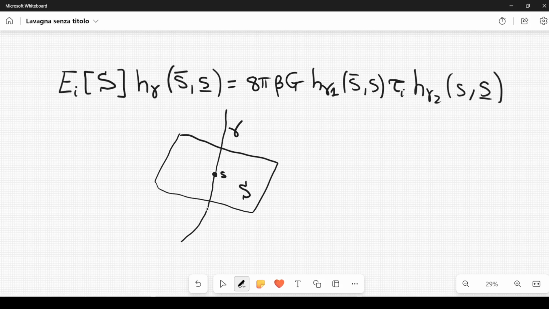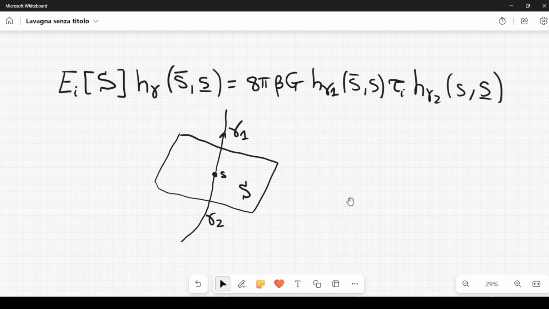And the portion that's going towards the surface, we called it γ2, and the portion that's moving out of the surface, we called it γ1. So you can see that there is only just one point of intersection between the surface and the curve.